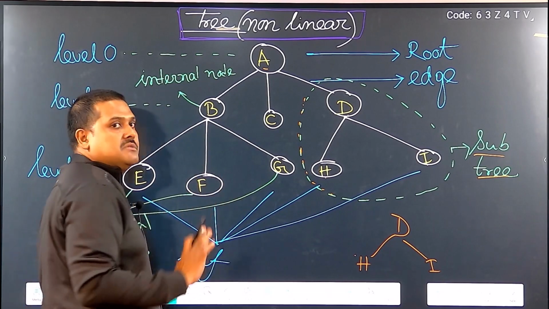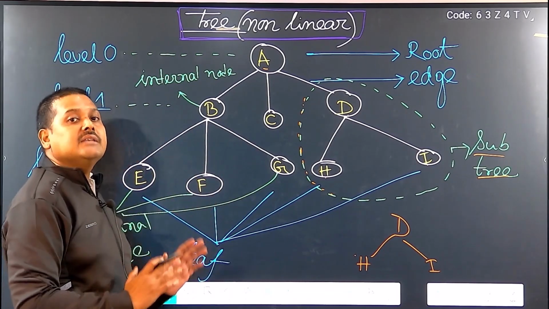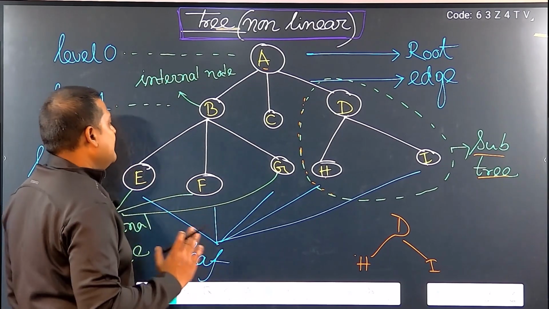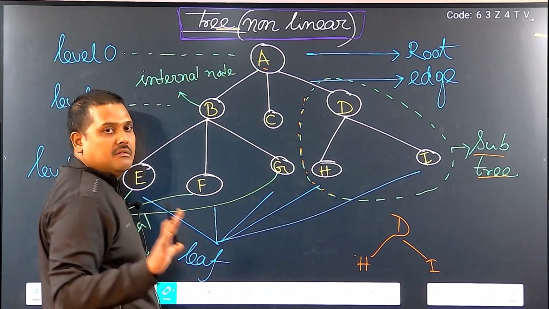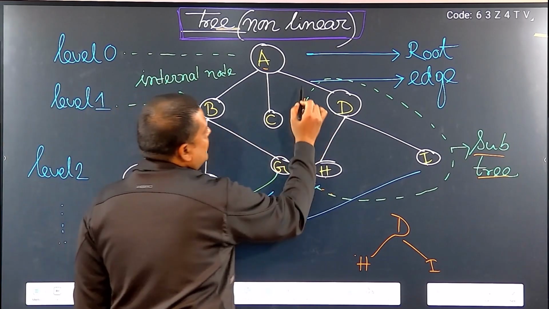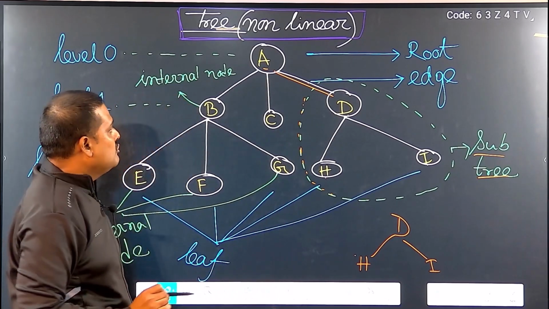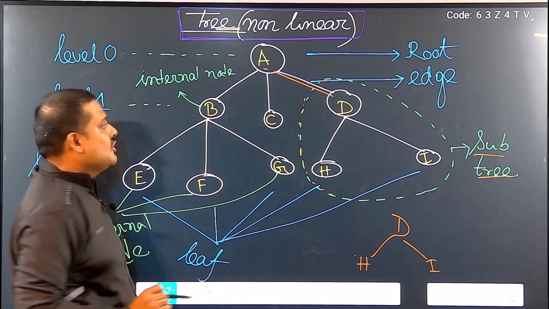Whenever it is a binary tree, only two children are there, and then we say left child and right child. And these are called edges, like A to D: the line which connects two different nodes is called an edge.